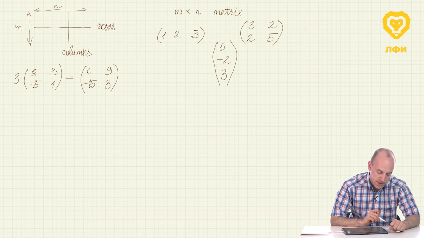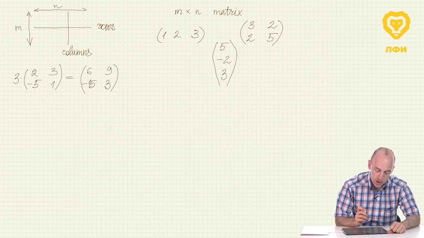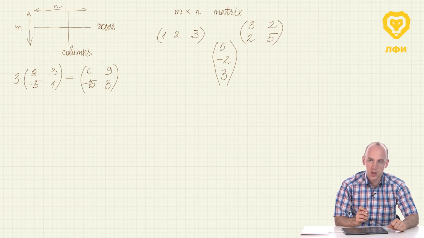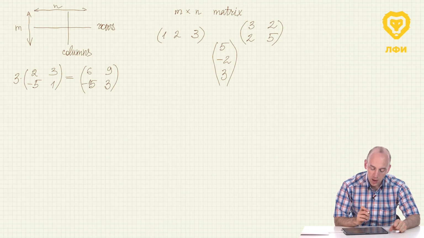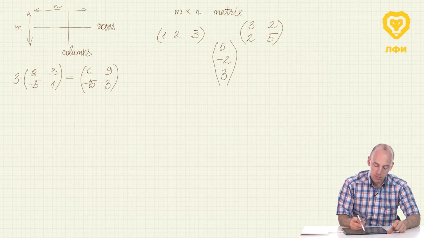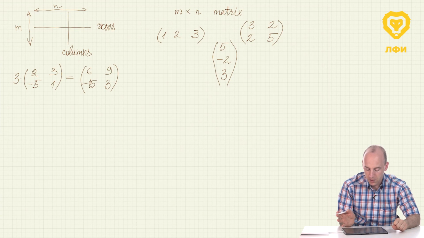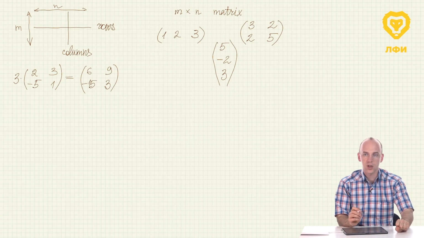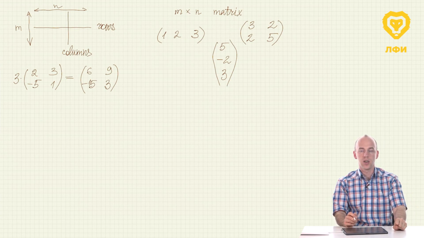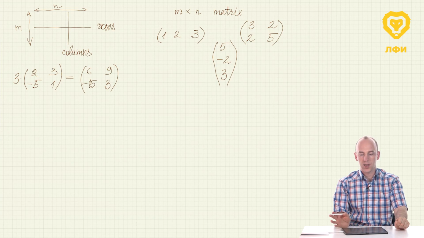Okay, the next type of operations is matrix addition. When adding matrices, we are only allowed to add matrices of the same dimensions. So they have to be m times n matrices, both of them. If dimensions are different, then addition is not allowed, so the result of such an addition is not defined at all.